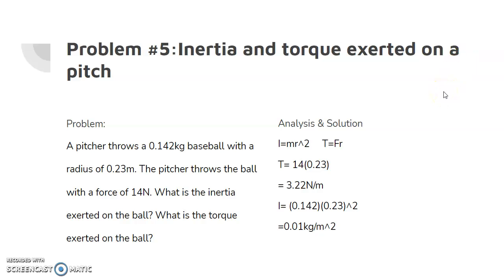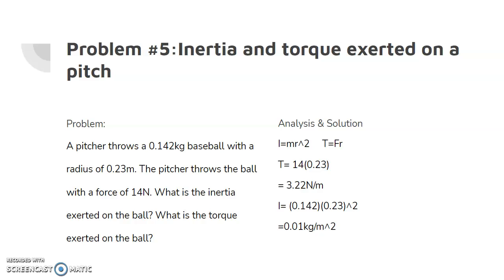So here's the problem. A pitcher throws a 0.142 kilogram baseball with a radius of 0.23 meters. The pitcher throws the ball with a force of 14 newtons. What is the inertia exerted on the ball, and what is the torque exerted on the ball? So we know that inertia is mass times radius squared, and torque is force times radius.